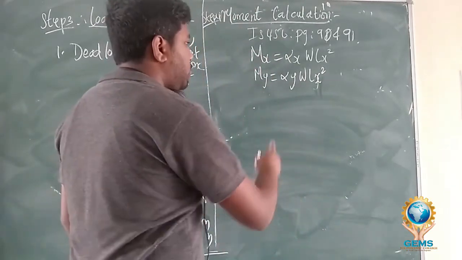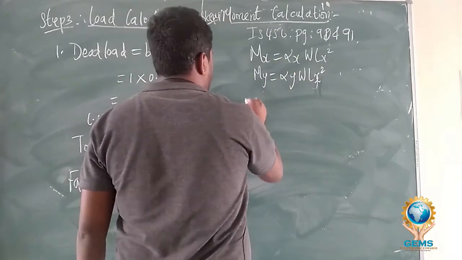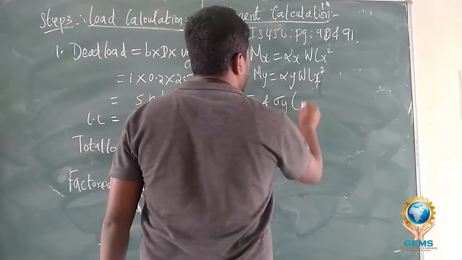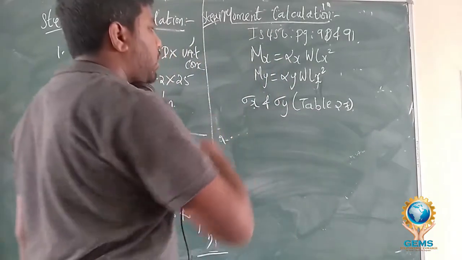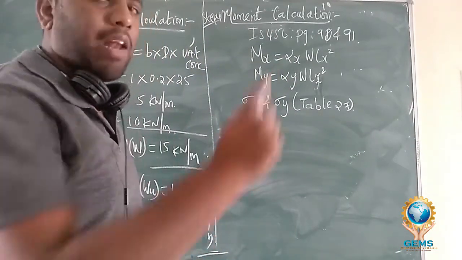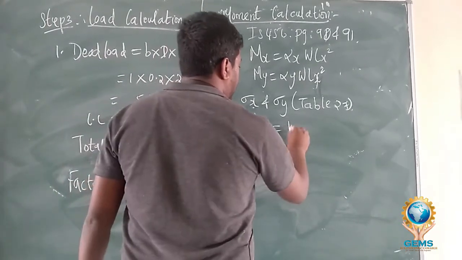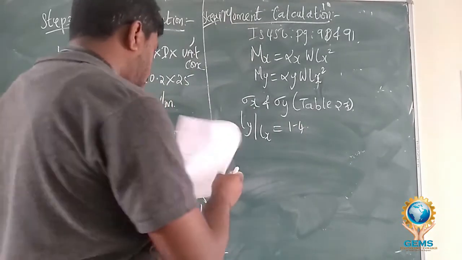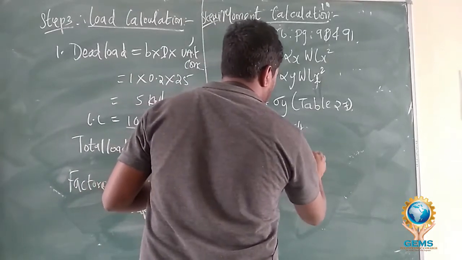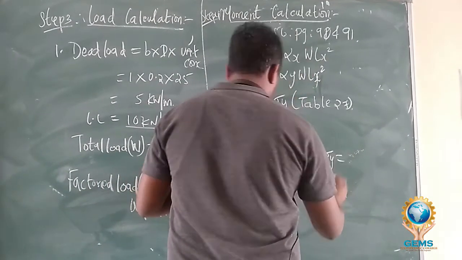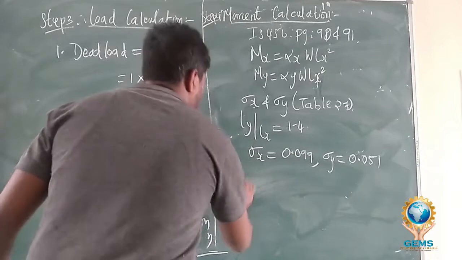Alpha x and alpha y are taken from Table number 27 using Ly by Lx, which is already calculated in step number 1 as 1.4. So at 1.4, your alpha x is equal to 0.099 and your alpha y is equal to 0.051.